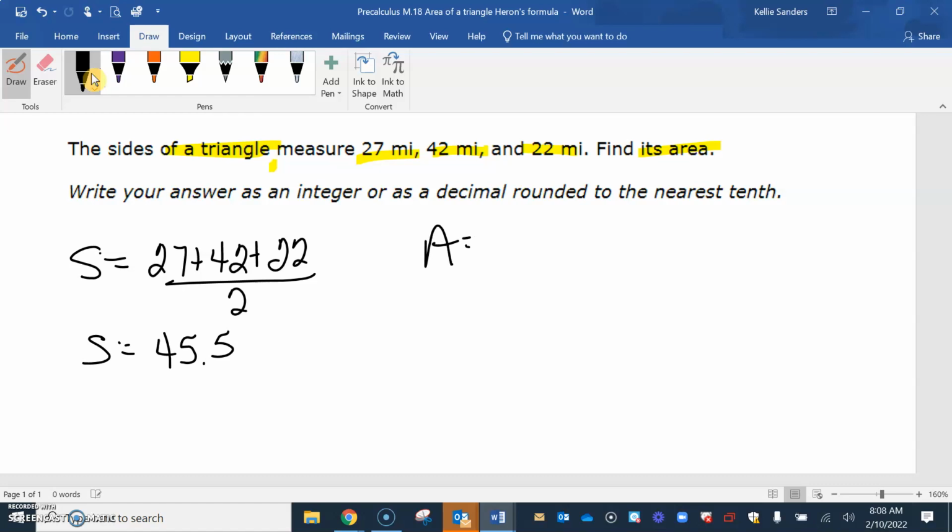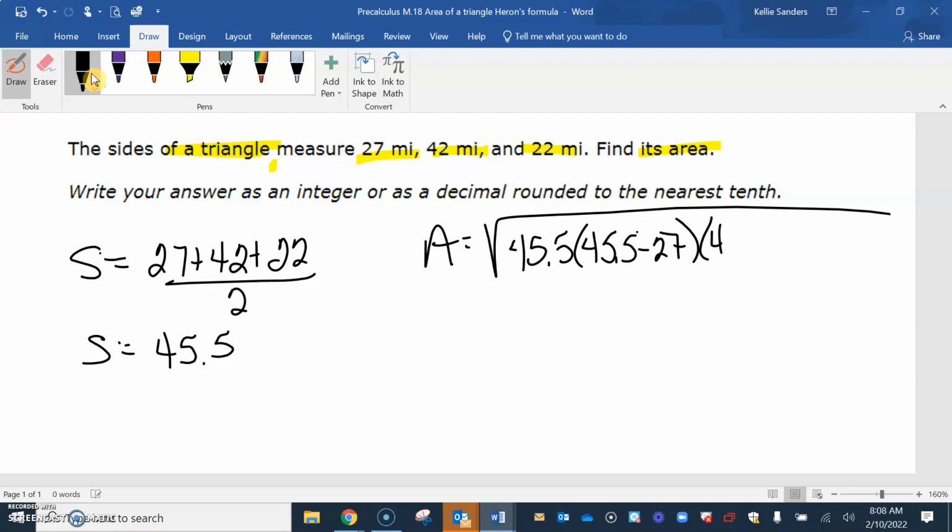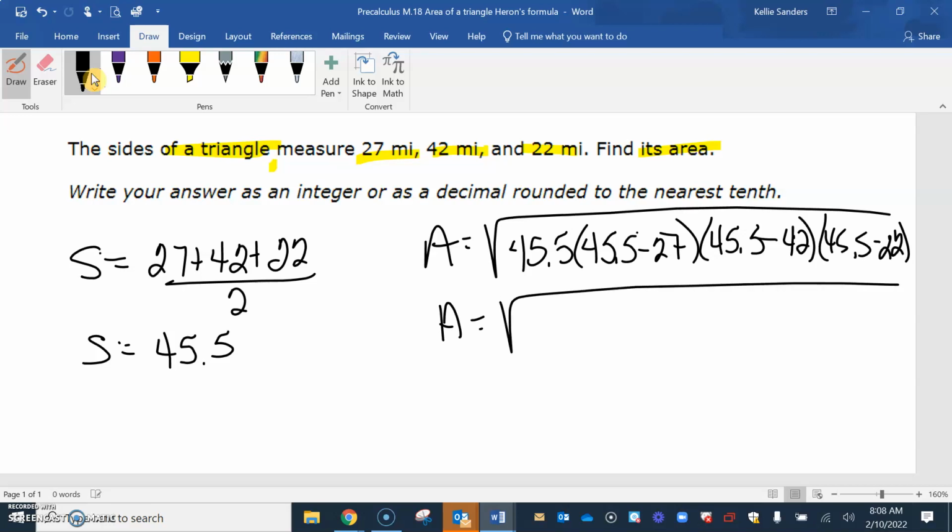Now to find the area, we're going to do 45.5 times 45.5 minus 27 times 45.5 minus 42 times 45.5 minus 22. Now this time I'm just going to plug all of that, actually, I am going to plug all of that into the calculator.